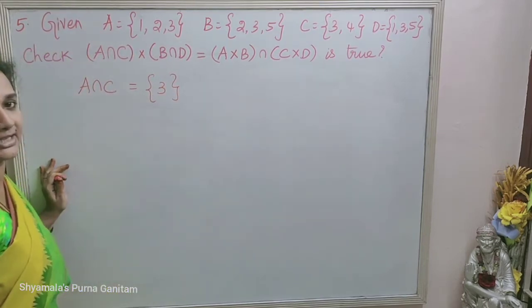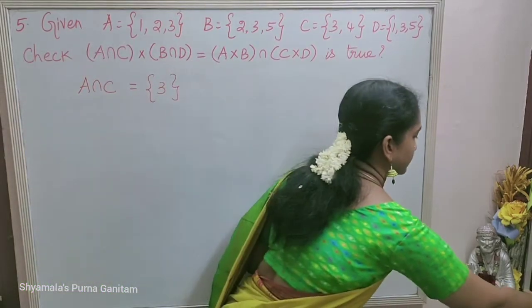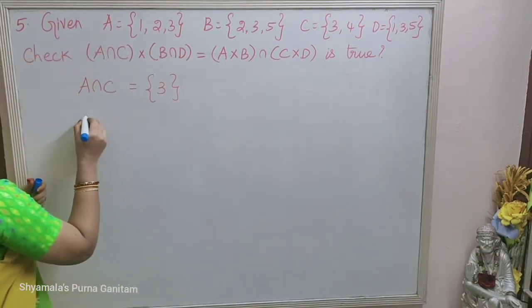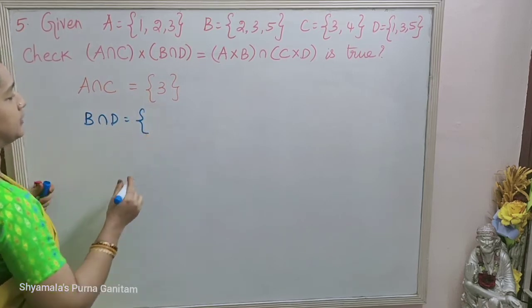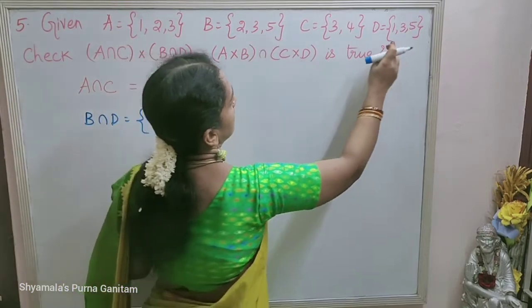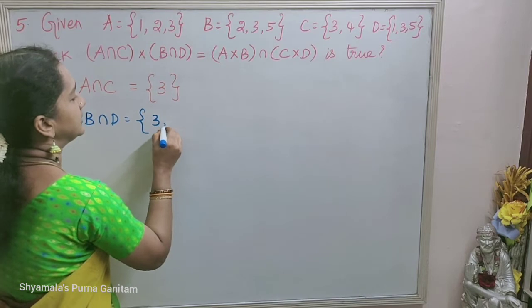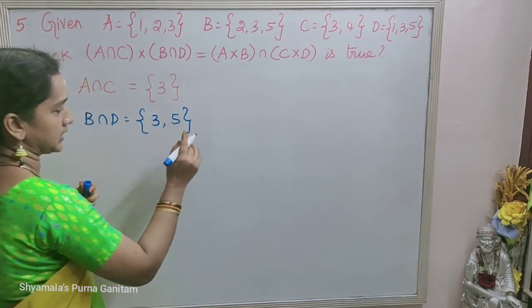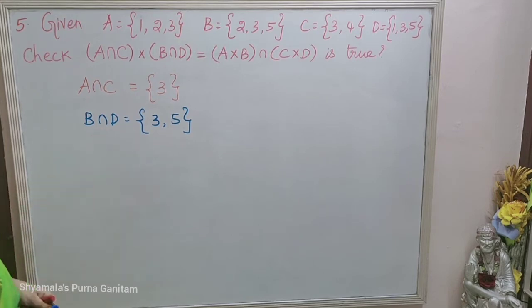That is, A intersection C is {3}. Then next one is B intersection D. So common elements for B and D. B is 2, 3, 5. D is 1, 3, 5. So the common elements are 3 and 5. So we got A intersection C and B intersection D.